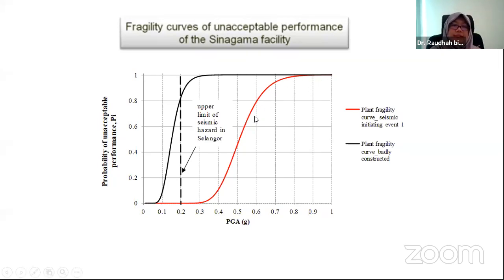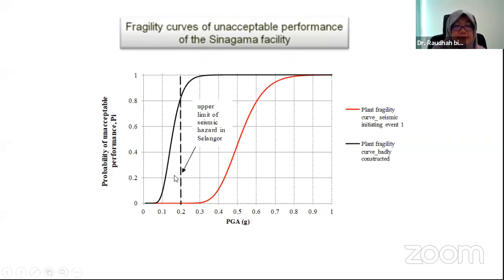If you look at the red line, it is the plant fragility curve for high seismicity. In the real case, the red line is the real situation for the facility that I am assessing.